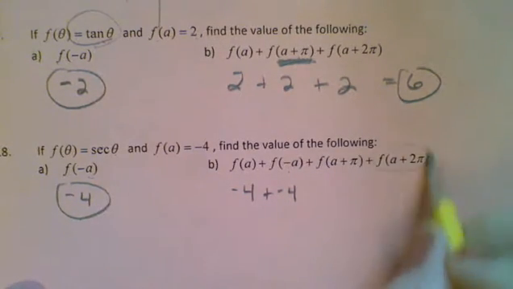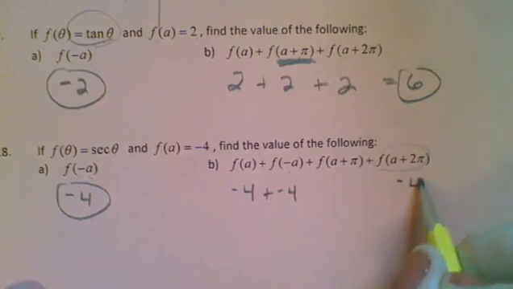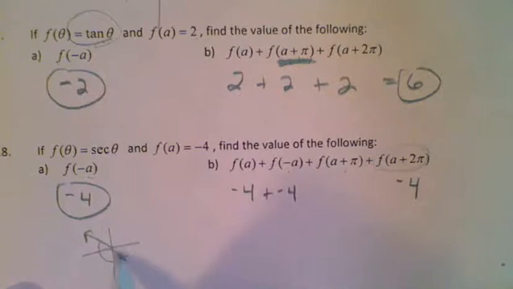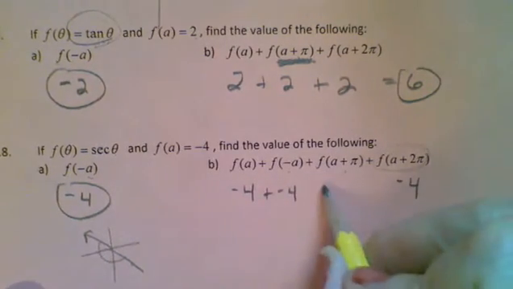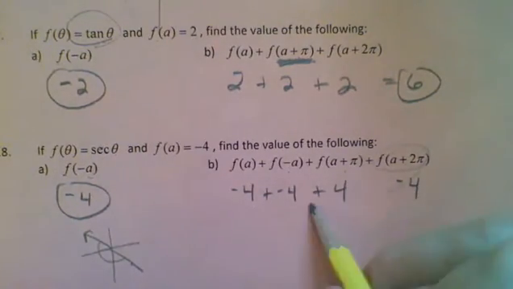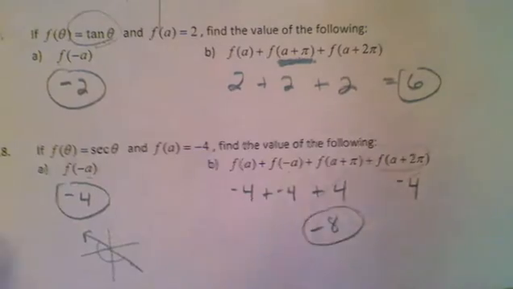Secant has a period of 2 pi, so that will be negative 4. But now we have to realize that with secant, since the period's 2 pi, I had a secant that was negative. So let's say it's right here. If I add pi to it, it's going to put it down here. So the secant's going to be positive. So that one's going to have a positive 4. So these two would cancel out. I'd be left with negative 8.